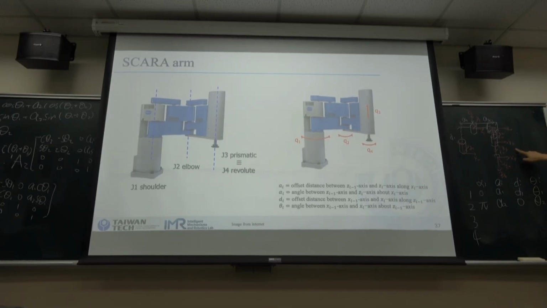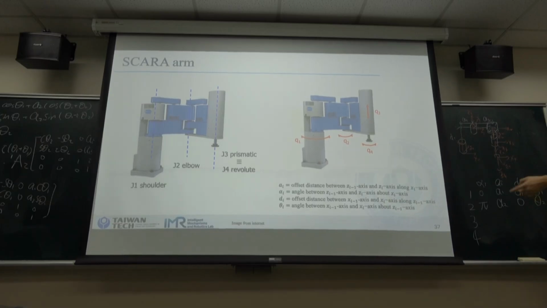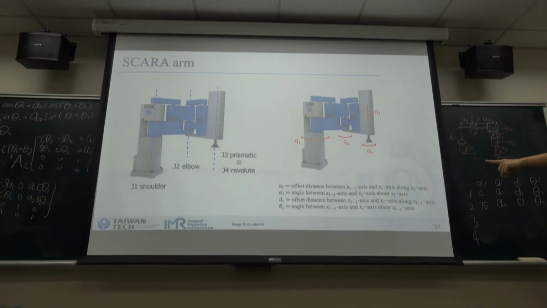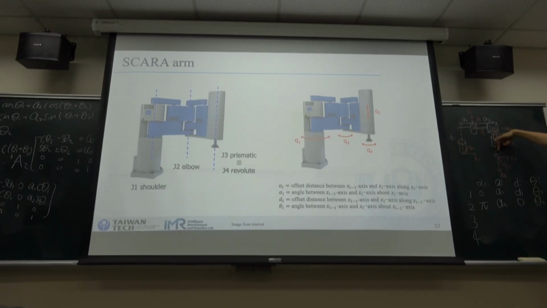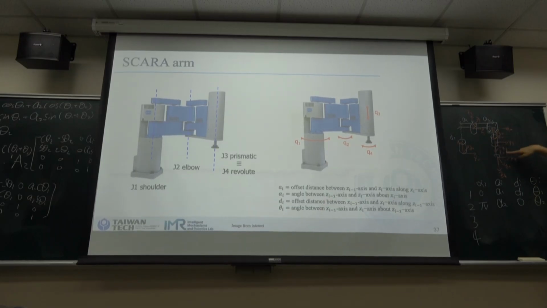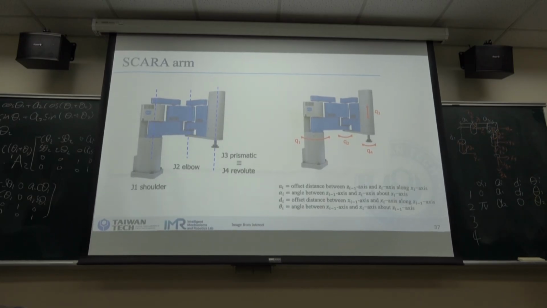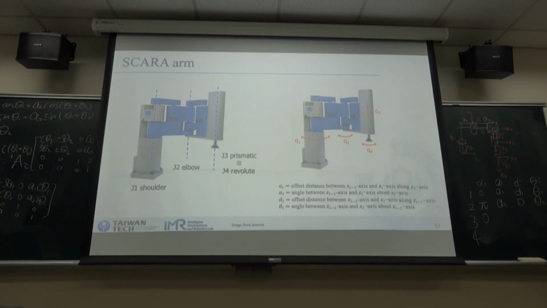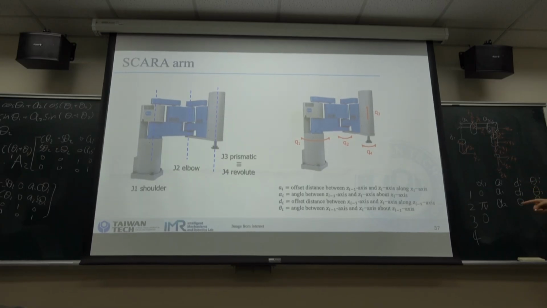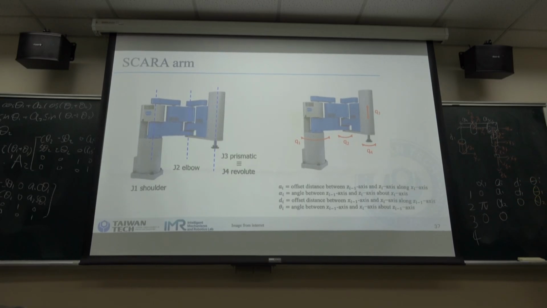And we can check number 3. The alpha is the angle between Z2 and Z3 about x3. Z3 and Z2 are in the same direction, so the alpha is 0. And a is the distance between Z3 and Z2. They are in a straight line, so a3 is 0.